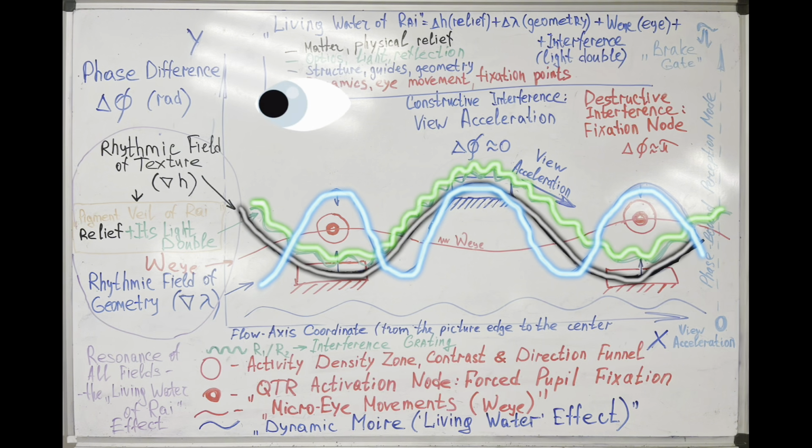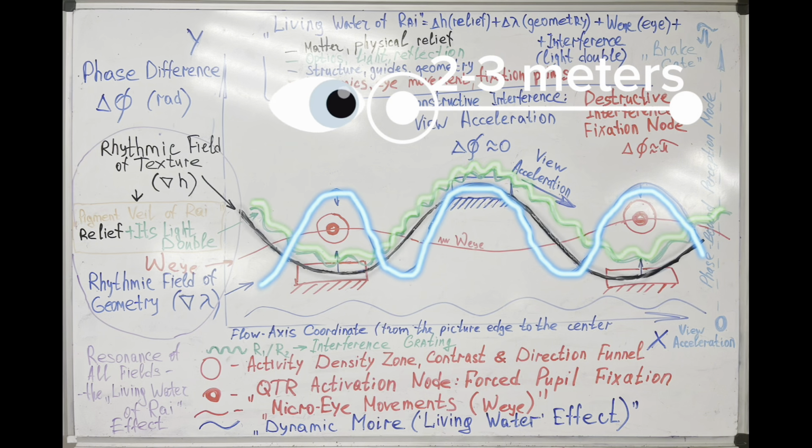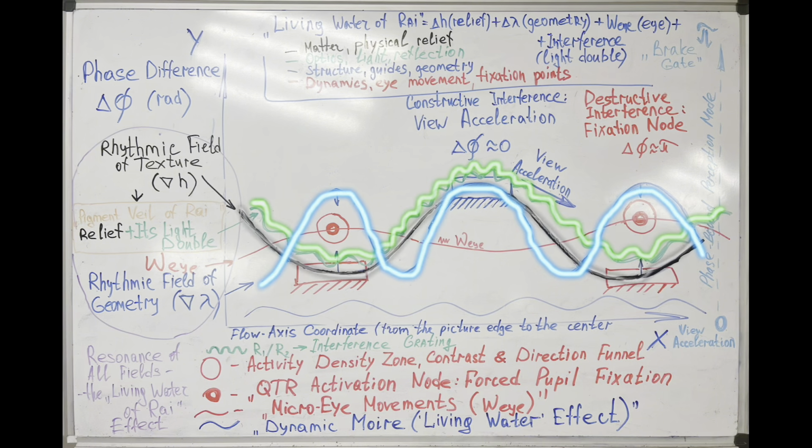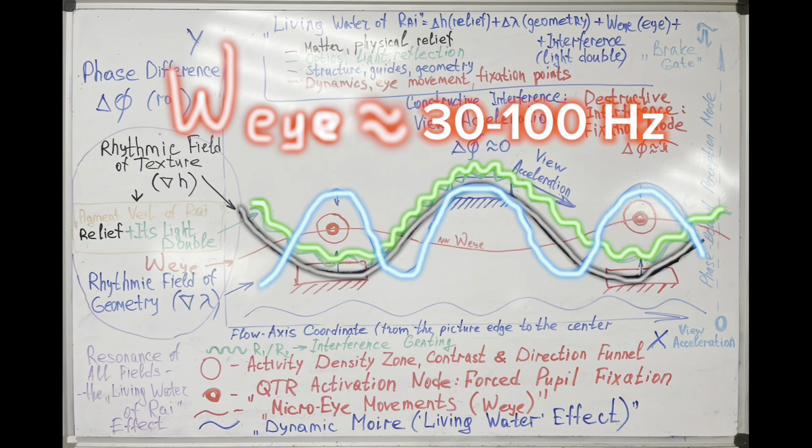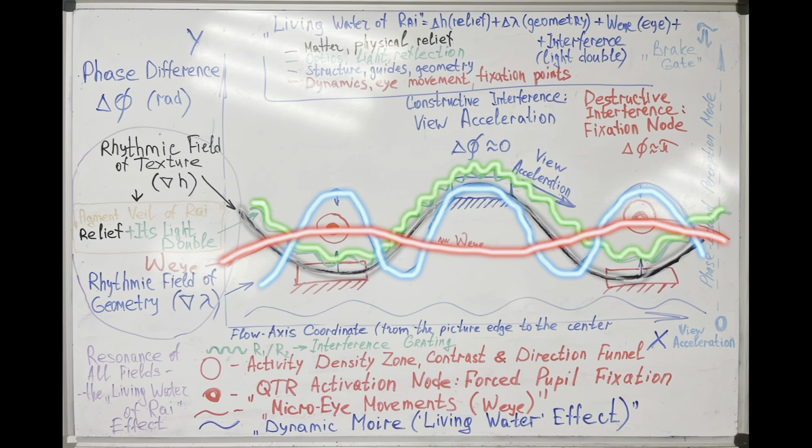Observation is carried out from a distance of 2 to 3 meters. It is at this distance that the physics of perception closes into a single circuit. The involuntary micromovements of the eye, almost equal to 30 to 100 Hz, enter resonance with the spatial frequency of the canvas texture. The phase shift sets the rhythm of this resonance.